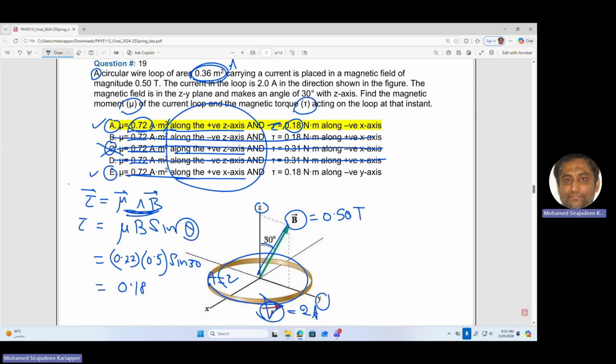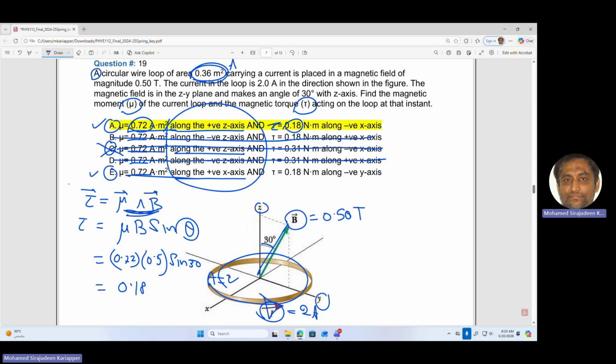What is the direction of tau? It's like the magnetic force, right? Because you have two vector products. So you apply the right hand rule on mu and B, like v and B, instead of v, we have the mu.